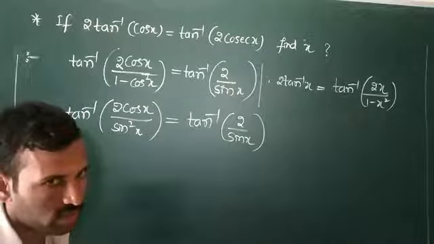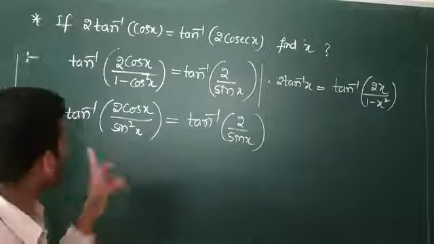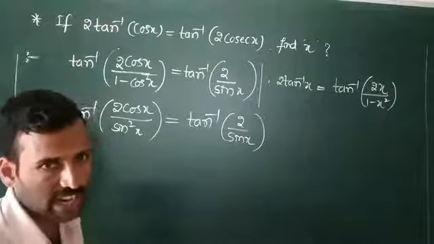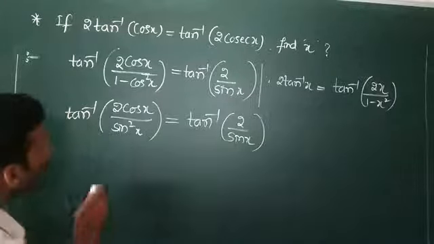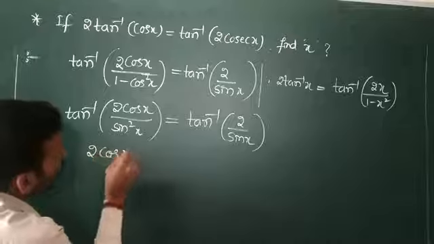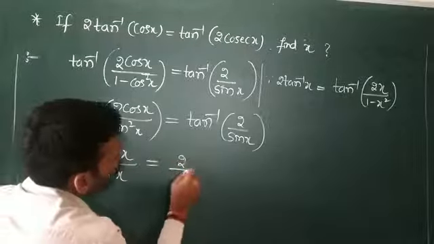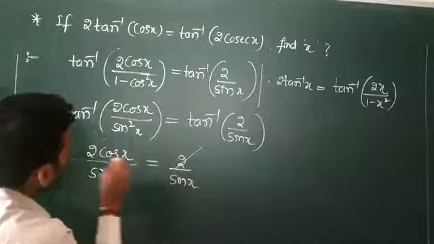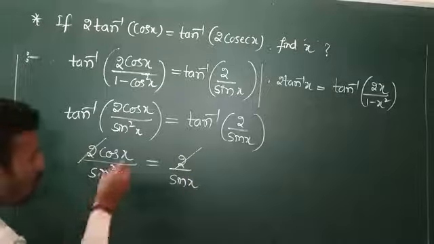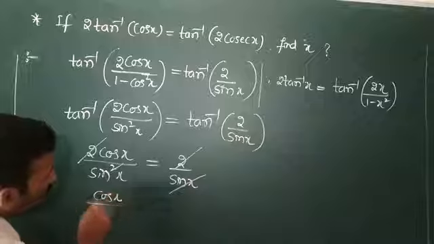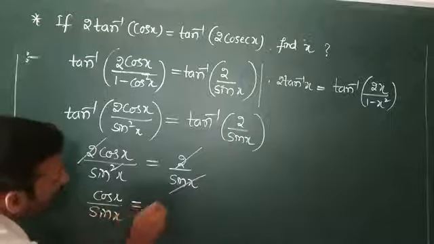Both sides tan inverse get removed, then this simplifies to 2 cos x divided by sin square x, which is equal to 2 by sin x. Both sides 2 cancelled out, one sin x term cancelled out, remaining cos x by sin x equal to 1.